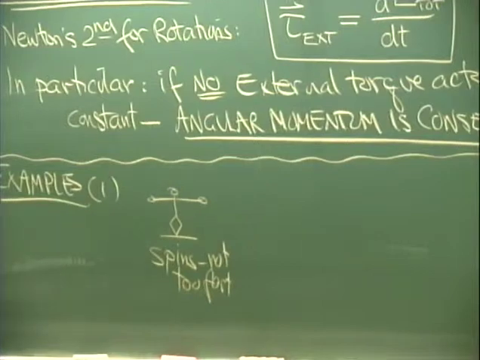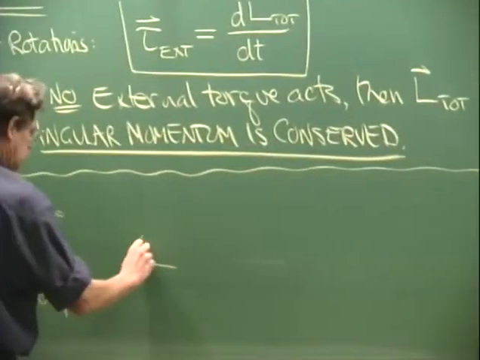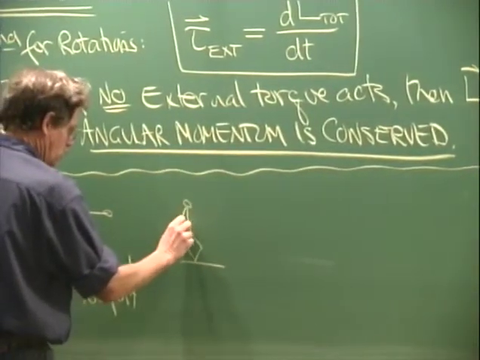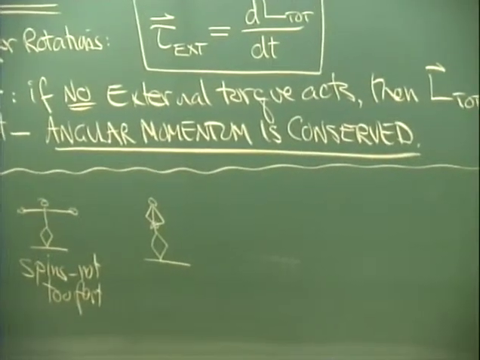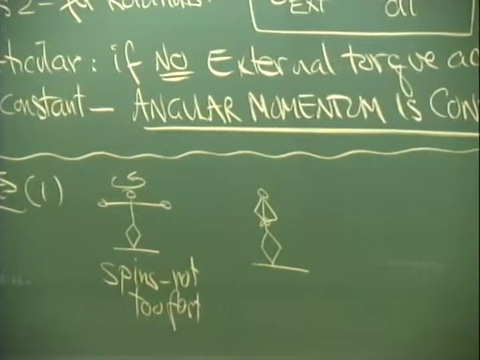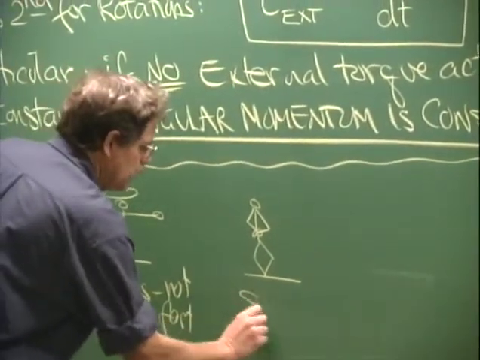Then she brings her arms in close to her body. So originally she was spinning around like this, but not too fast. She brings her arms in close to her body, and spins much faster.